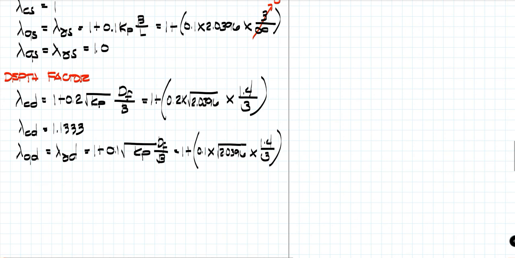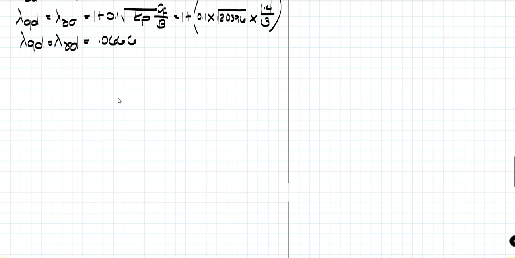So, calculating this equation, we have the value of lambda QD and the lambda gamma D equivalent to 1.0666, which is unitless.